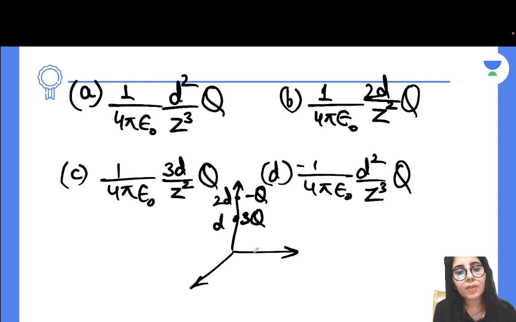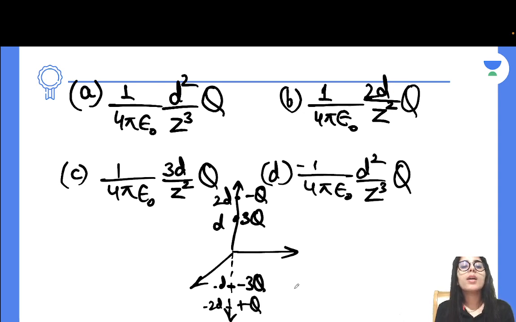Now, since it is the infinite grounded conducting sheet, I'll have their image charges on the opposite side but at equal distance from the origin. So negative 3q at the negative d coordinate, okay? And here we will have the positive q at the negative 2d coordinate, okay? So this is how you have considered their image charges.